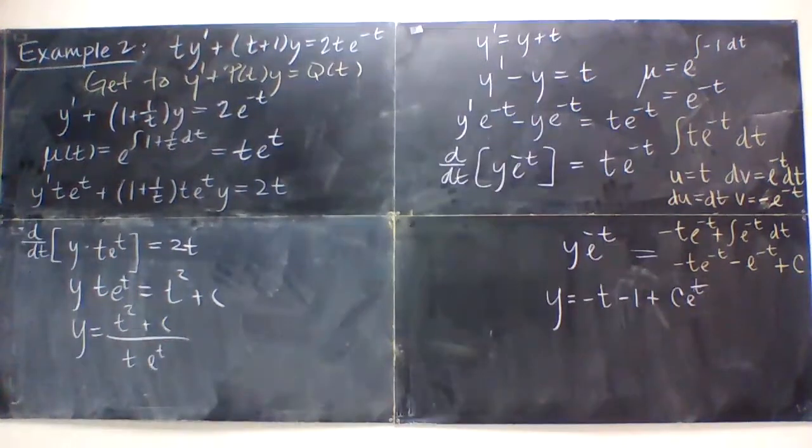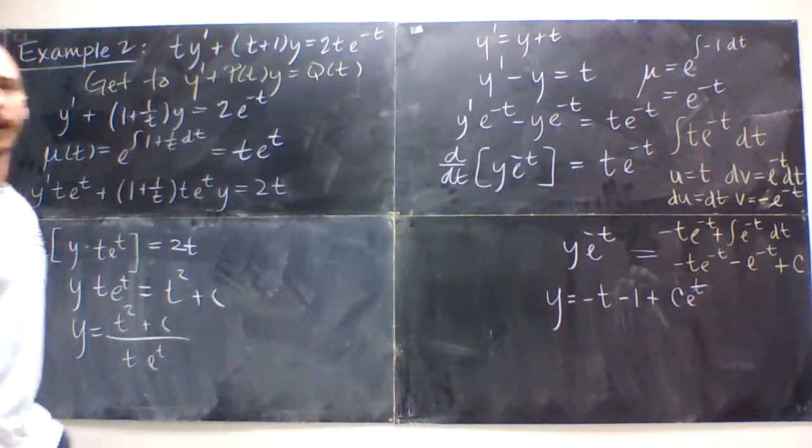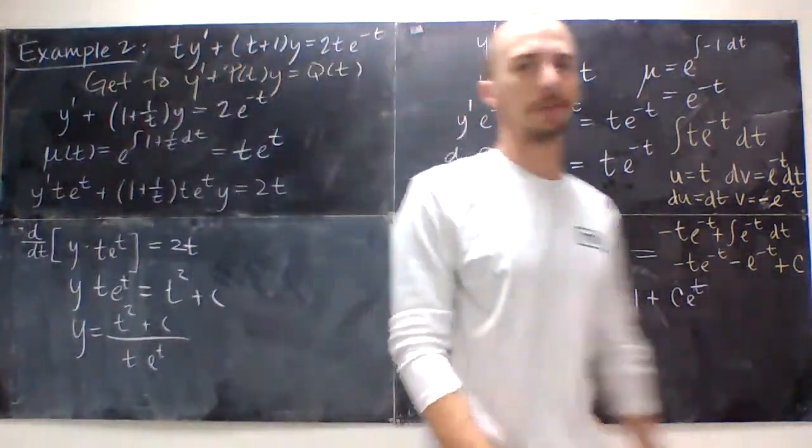I think that's going to be the safest way to go. What was the initial condition they gave in the book? Oh yeah, they said y of 1 equals some number a, and they wanted you to do some analysis on a.